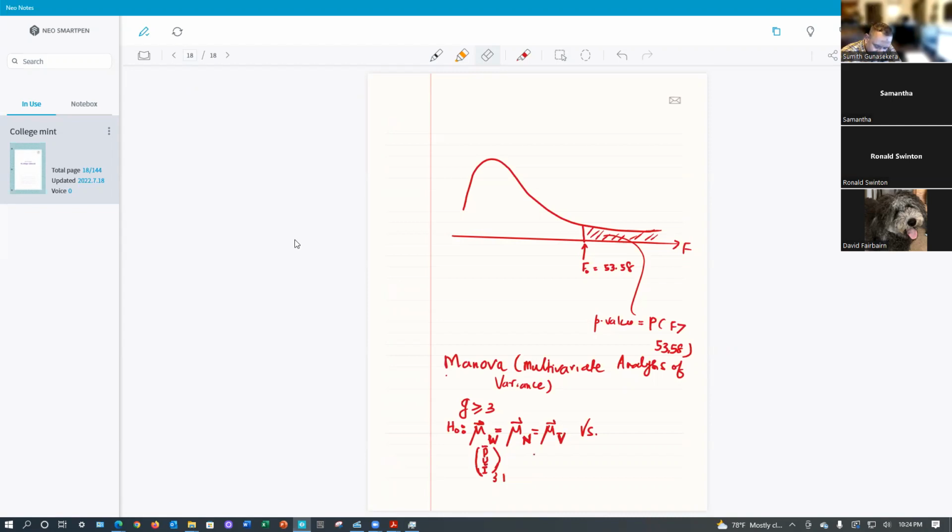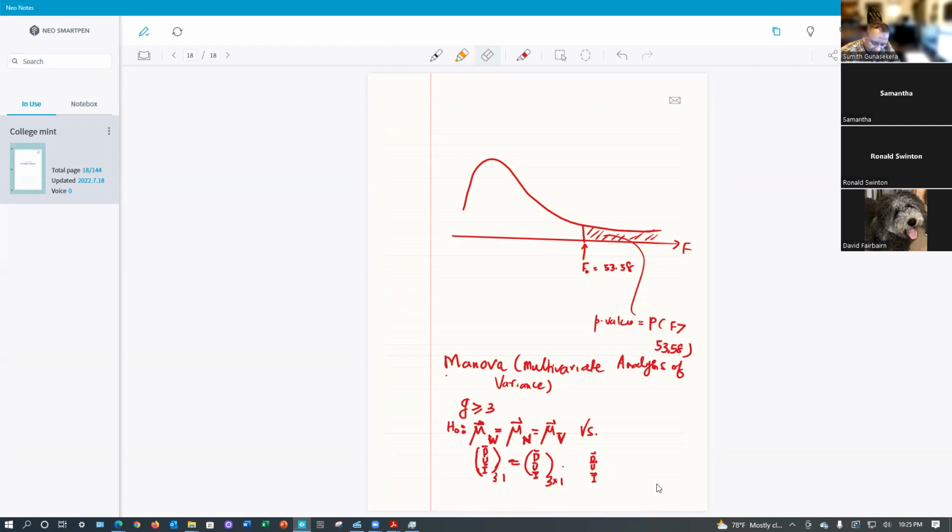Same way for this group, you have a difficulty mean, usefulness mean, importance mean. The mean vector equals 3 by 1, d bar, u bar.